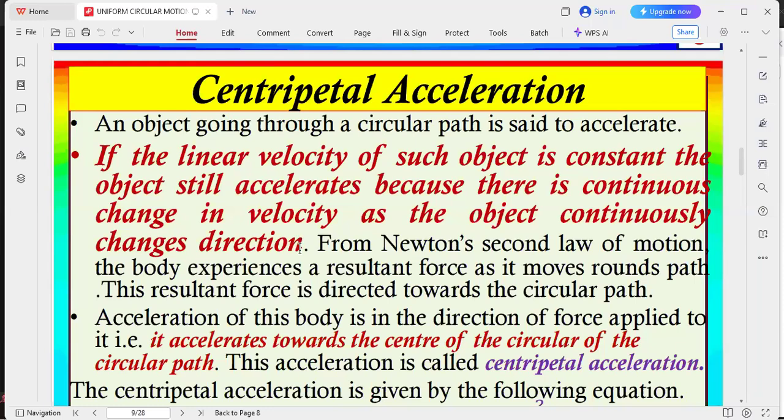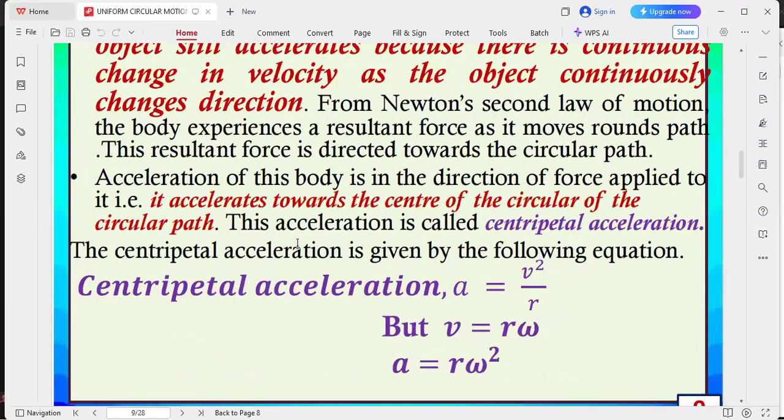But in terms of calculation, centripetal acceleration a is given by v squared over r.